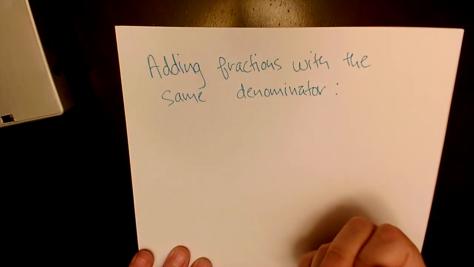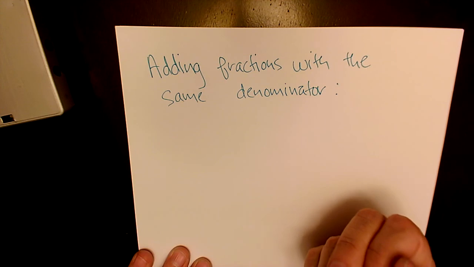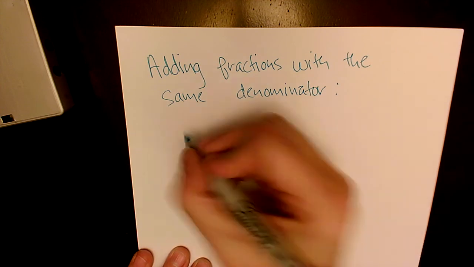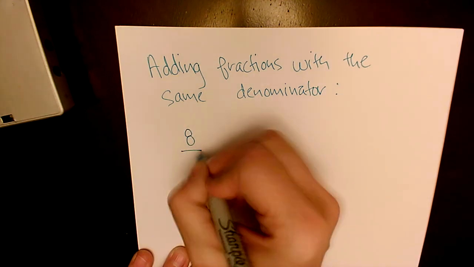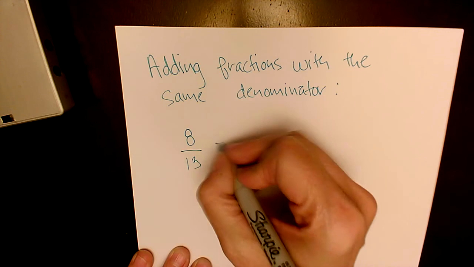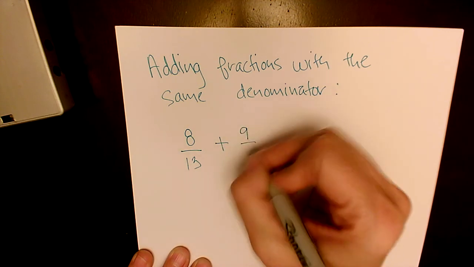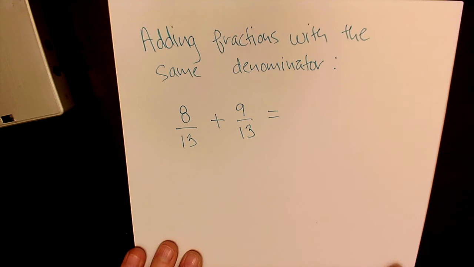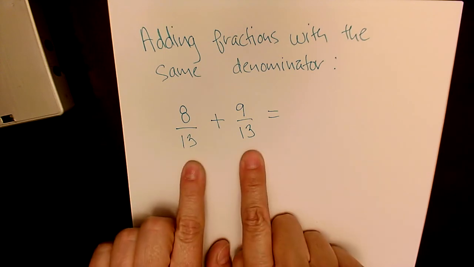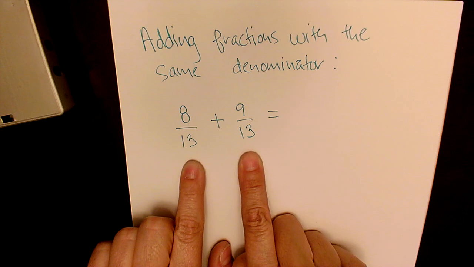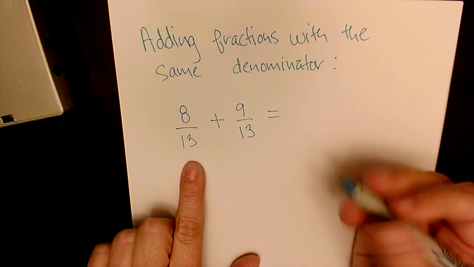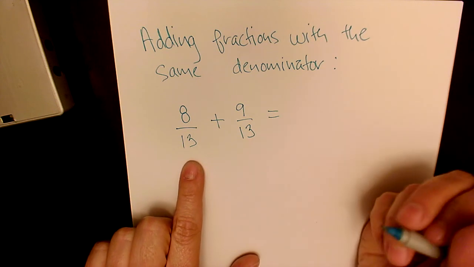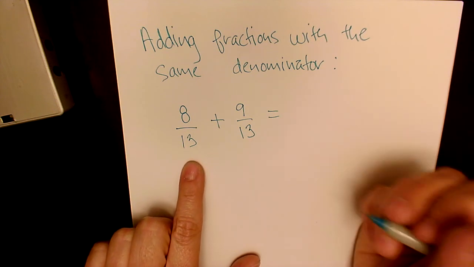Okay, so what if I had 8/13 and 9/13. Okay, so we check to see they have the same denominator. They're in the same size pieces as Professor McGathy talked about in the video.